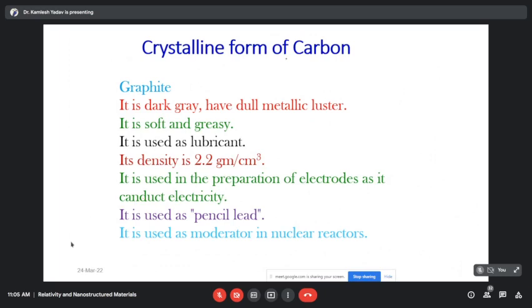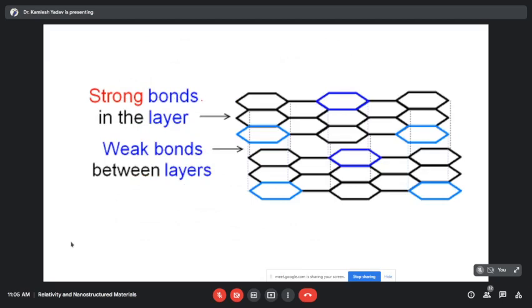Now let us consider graphite. In graphite, there will be layers of hexagonal unit cells like this.